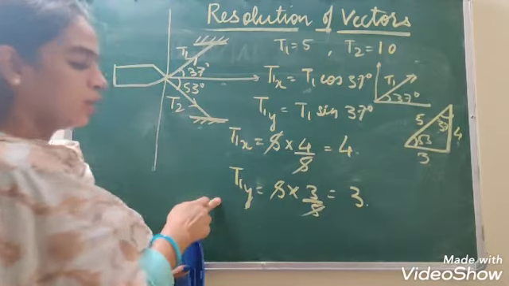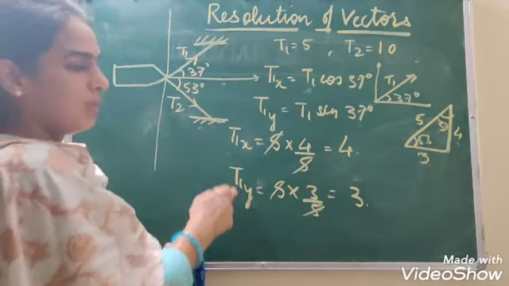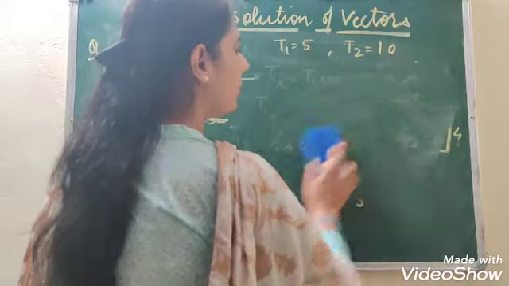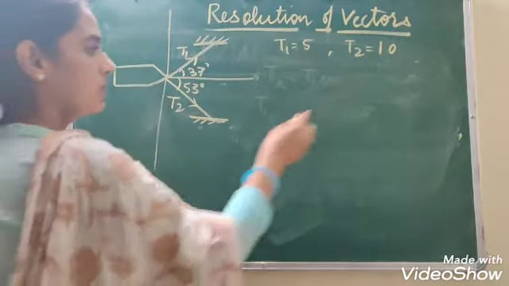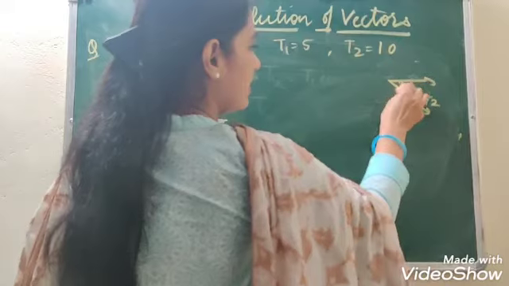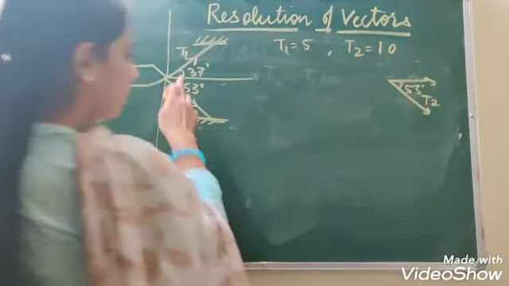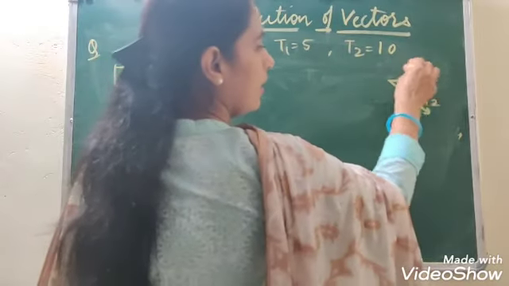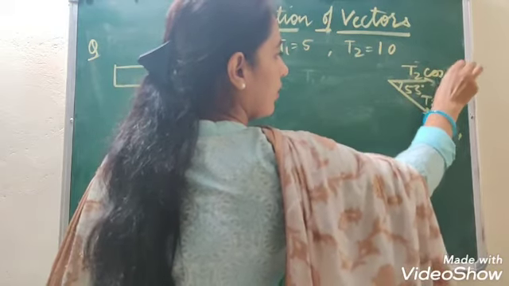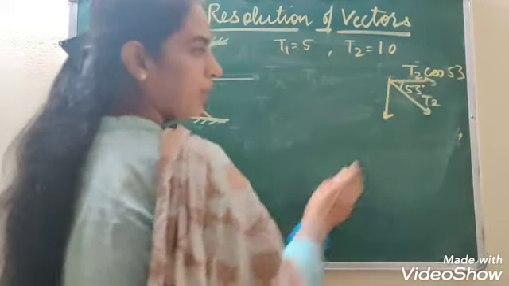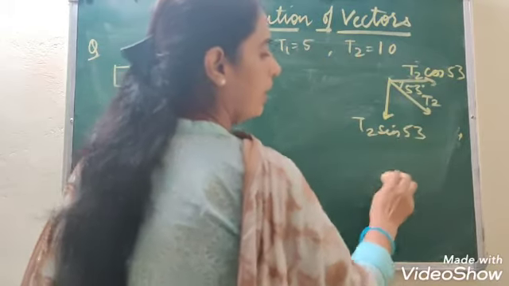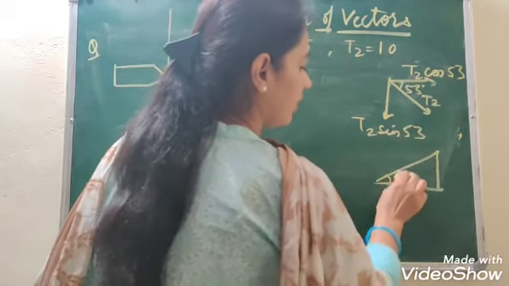So we got the components of T1 in the x and y direction. Similarly, we can find the components of T2 in the x and y direction. This is T2. This is angle 53 degree. So the x component is T2 cos 53, and the perpendicular component is T2 sin 53. Again draw the 53 triangle.